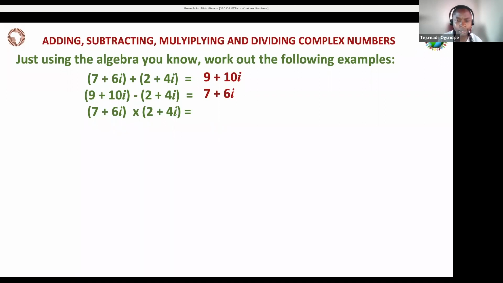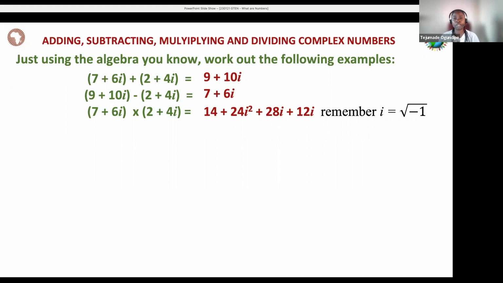Now, in the case of multiplication, you want to multiply 7 plus 6i with 2 plus 4i. That gives us 14 plus 24i squared, which we get from 6i times 4i, plus 28i plus 12i.